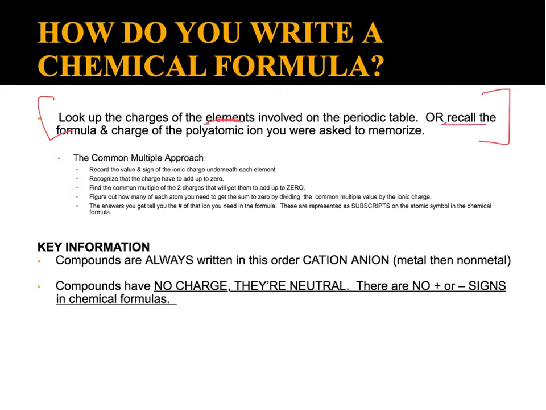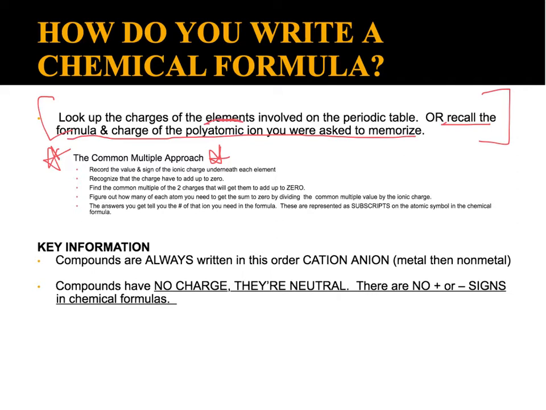Now remember that I asked you to memorize some polyatomics, so you're expected to know those formulas and charges. The approach we're going to use to write chemical formulas involves using common multiples and recognizing what you need to get 2 ions to cancel each other out and add up to 0.